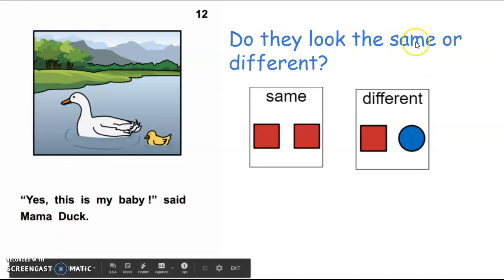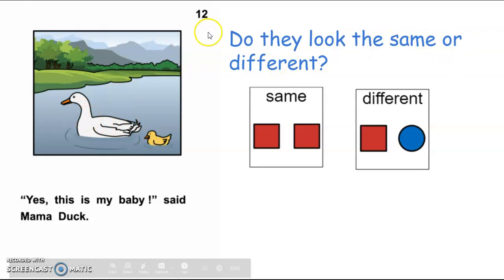And do they look the same or do they look different? Same or different? In some ways they're different. Baby duck is yellow and Mama has white feathers. But in more ways, they are the same. They both have bills.